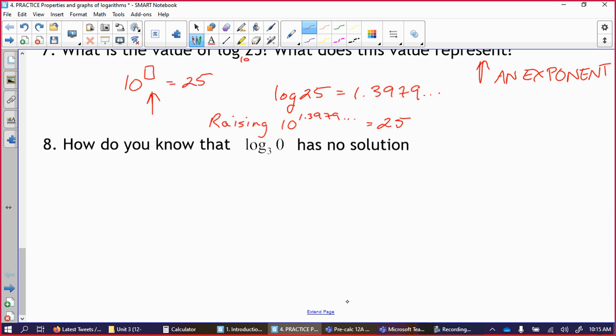Oh, I wanted to go down to here. Log base 3 of 0. So log base 3 of 0 equals x. Well, log base 3 of 3 is 1 because 3 to the 1 equals 3.